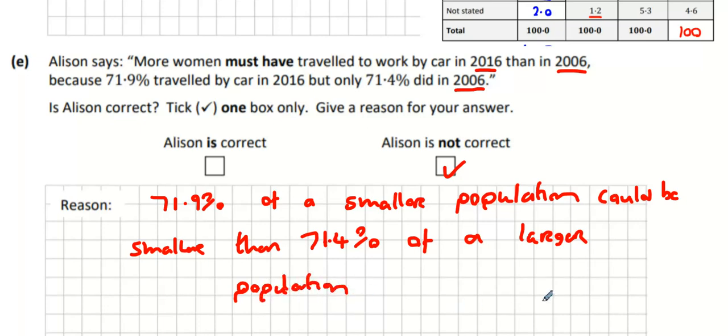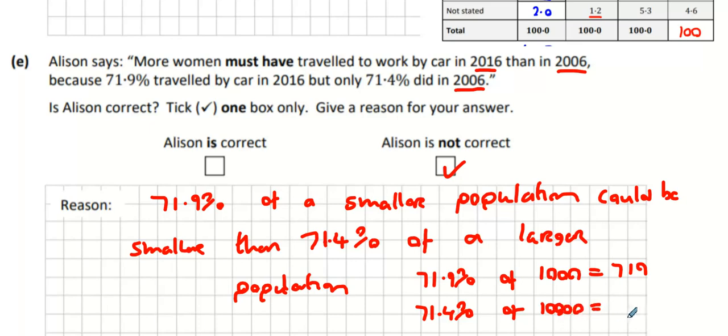Okay. So essentially 71.9% of 1,000 people would be 719 people, while 71.4% of, let's say, 10,000 people is 7,140 people. So you can see that while it's a smaller percentage, it's still more people. Okay, so you got to be careful about that.